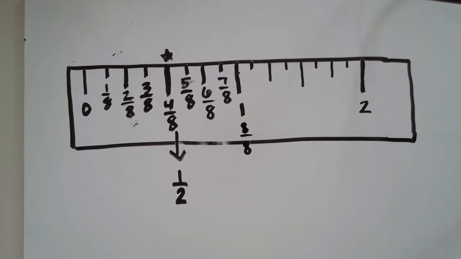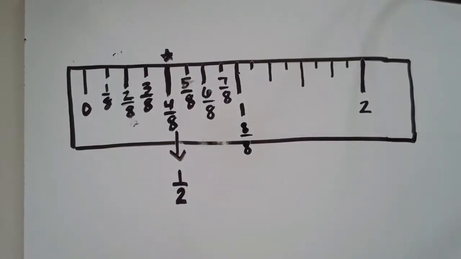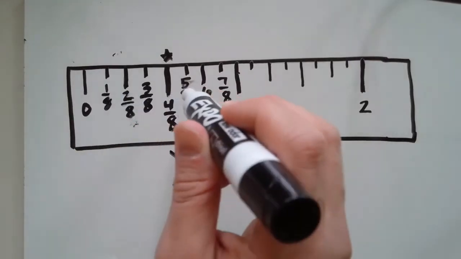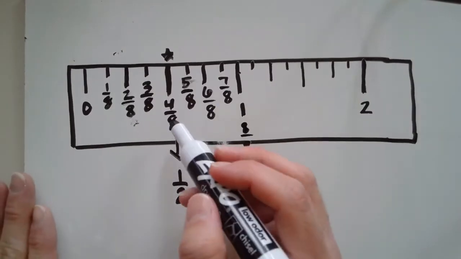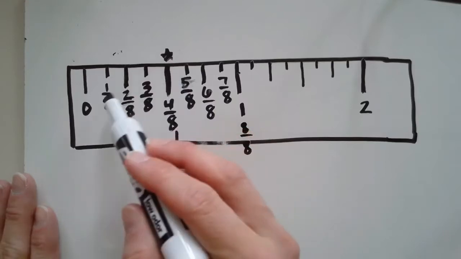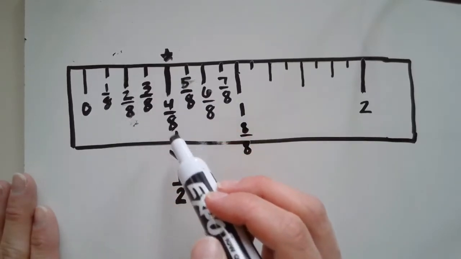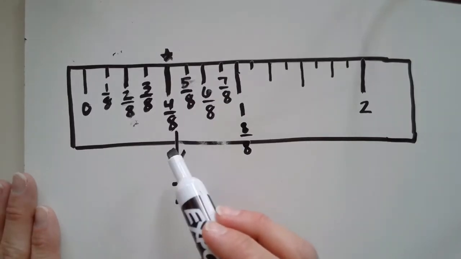You're more likely to use this benchmark half of an inch when you are estimating measurement than you are to use these exact 2/8 and 3/8 and 5/8 of an inch. So, even though this is broken into 8ths, when we see this one halfway between the 0 and the 1, the one that's nice and long here in the middle, we would refer to this as 1/2. We wouldn't refer to it as 4/8.